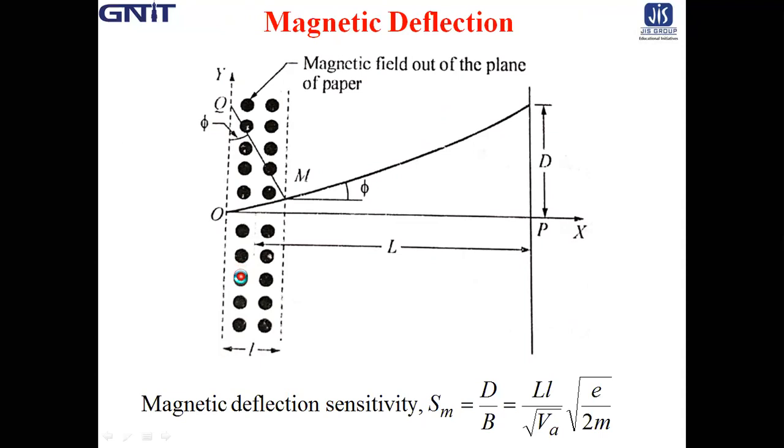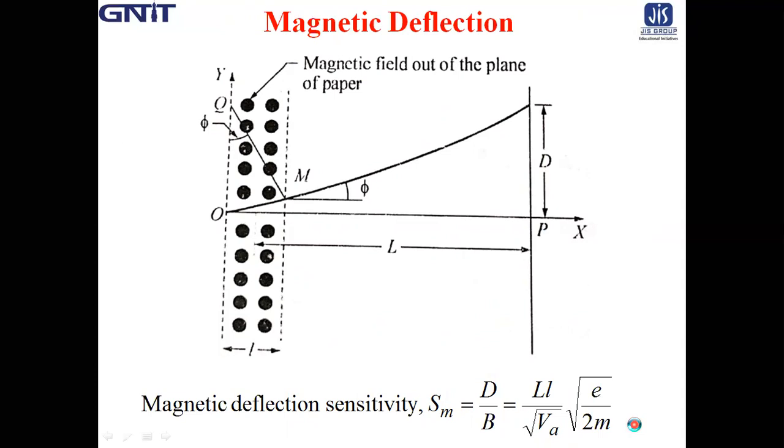The emerging beam experiences a force of magnitude eBv in the magnetic field of magnetic induction B. After some mathematical calculation, the magnetic deflection sensitivity Sm is denoted as D by B, which is L times l, times the square root of e by 2m, divided by the square root of Va.